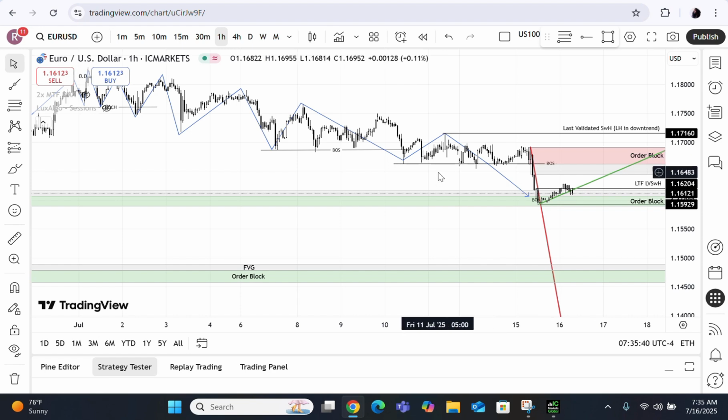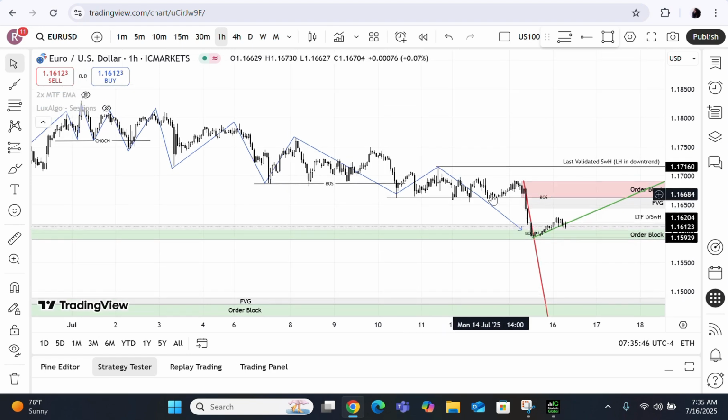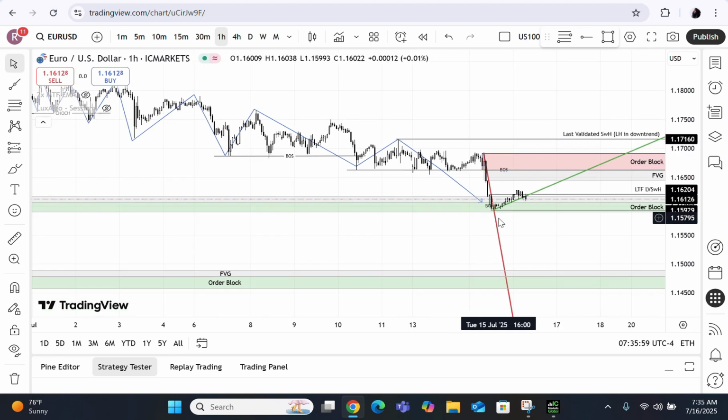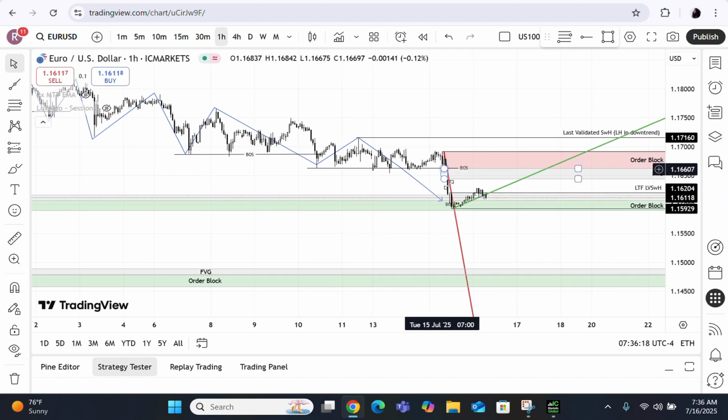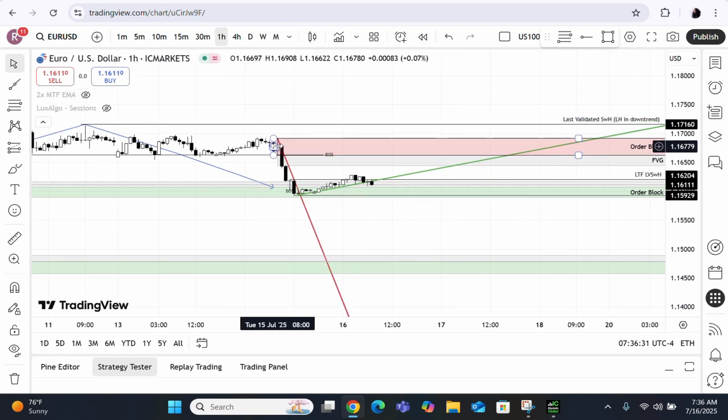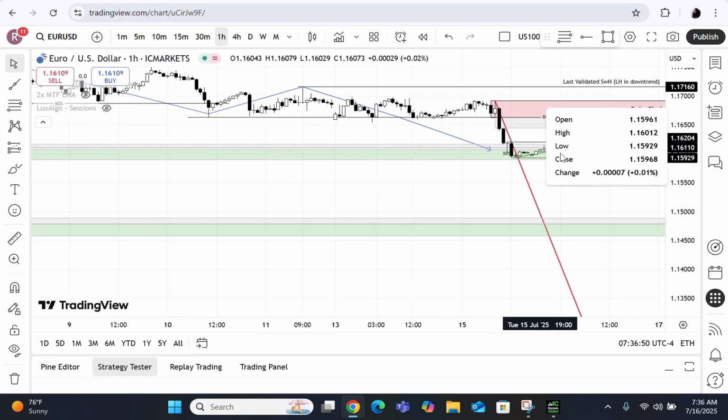So I've already mapped out my highs and lows. I've already identified where the breaks of structure and changes of character are in this chart. This is the EUR/USD 1 hour chart, and I'll be using the 1 hour as my dominant time frame. I'm not going any higher than the 1 hour, and I will be looking for entries on the 1 minute time frame.